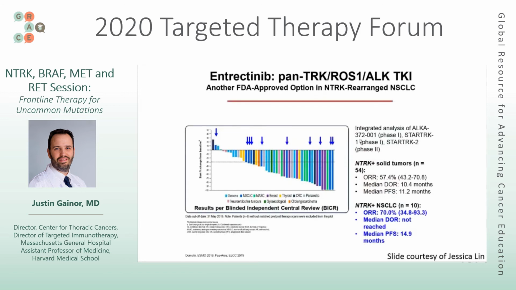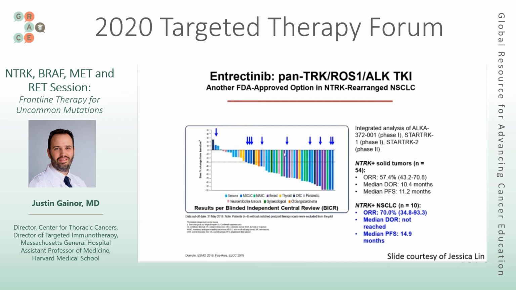So here's entrectinib. You can hear it in its name, TRK. The naming is a little complicated, but NTRK is the gene name, and TRK is the protein name. So that's why you can see both listed there.